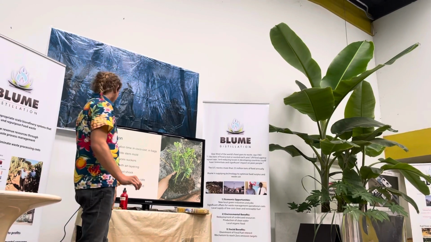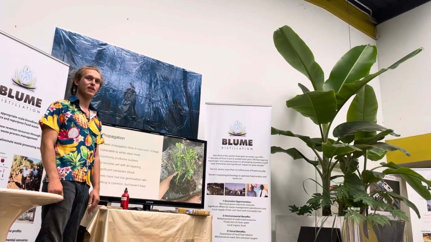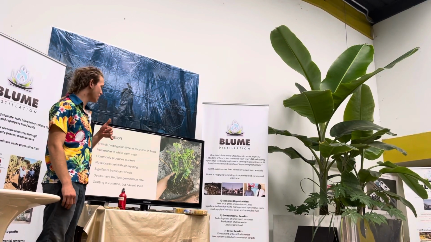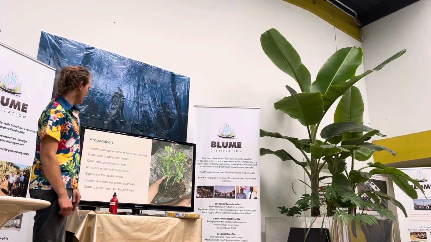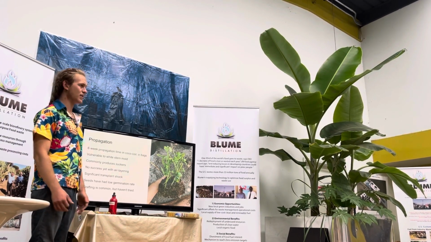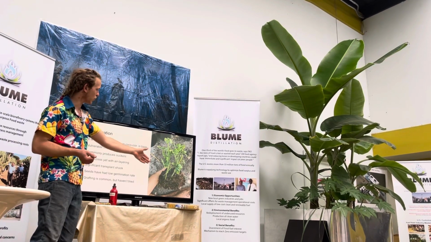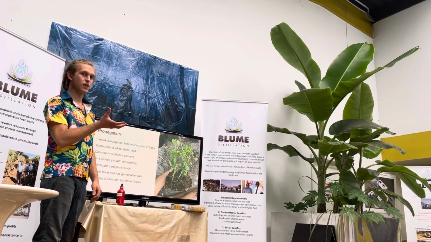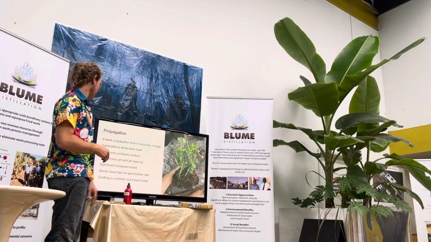Yeah, so let's get into propagation. I've been doing lots of experiments propagating passion fruit and passion flower stems from cuttings, and I found that in about 6 weeks I had a lot of success with coco coir media and with a bag as a humidity dome.